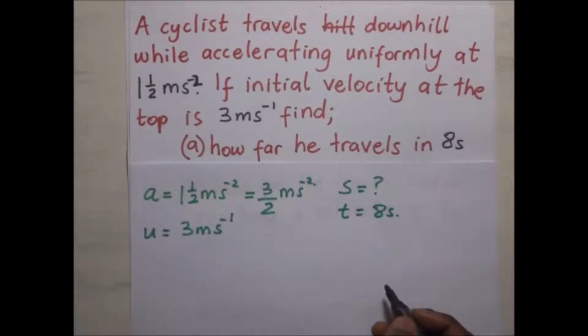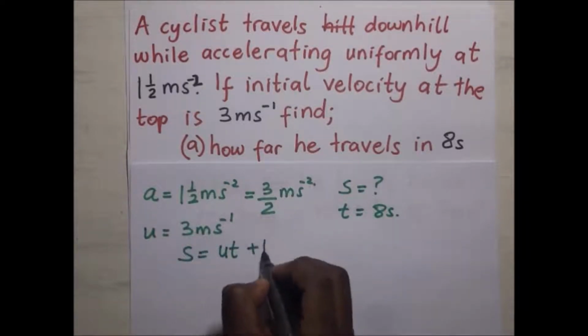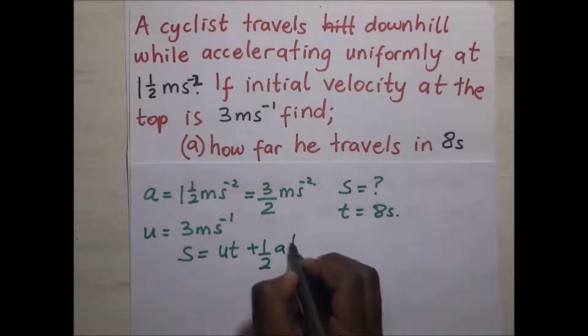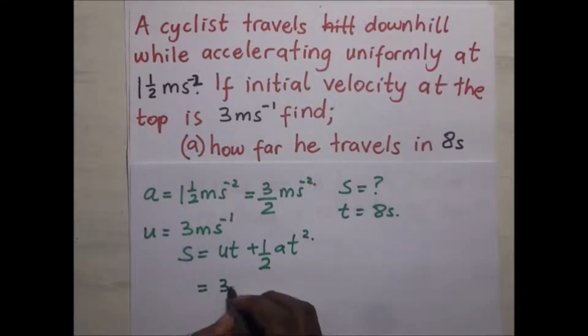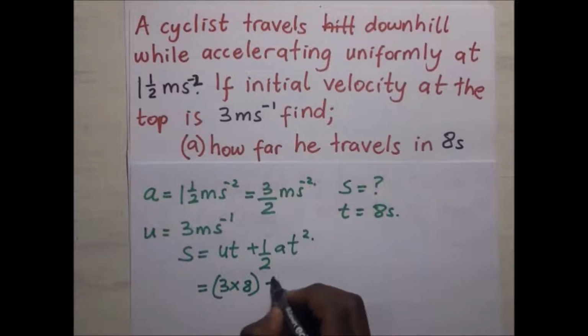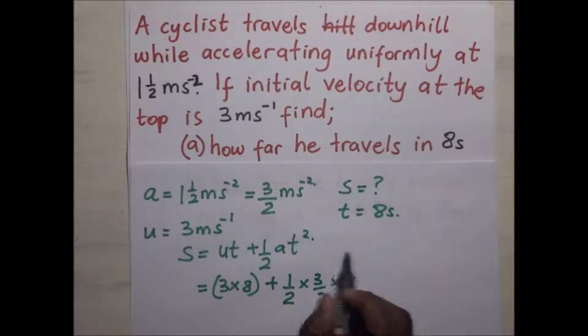Now from our equations of motion, they want us to find the value of s. So we use s is equal to ut plus a half at squared. That's going to be u, our initial velocity, which is 3, times time, which is 8, plus a half times our acceleration, 3/2, times time squared.